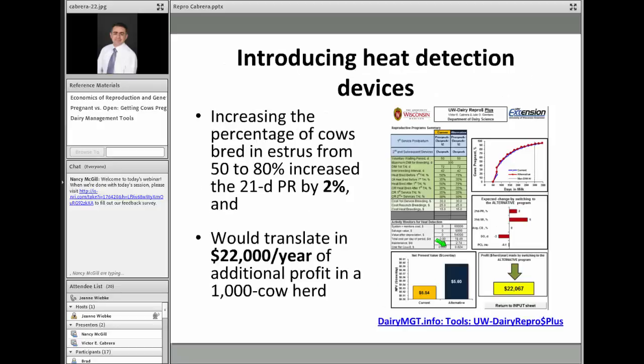Okay, so here you have a screenshot of how the tool actually looks like. And this is only one part of the tool.